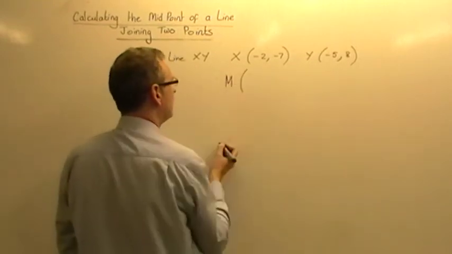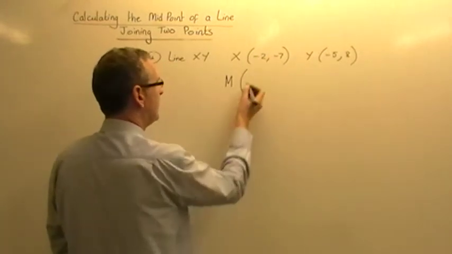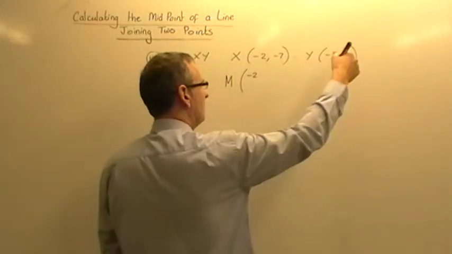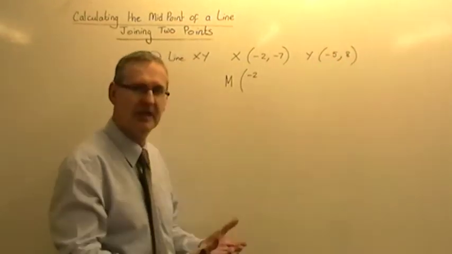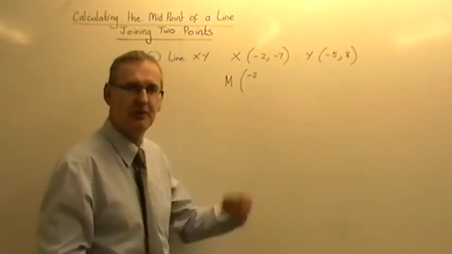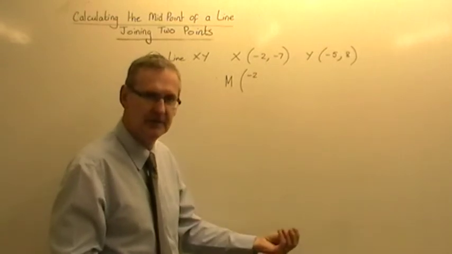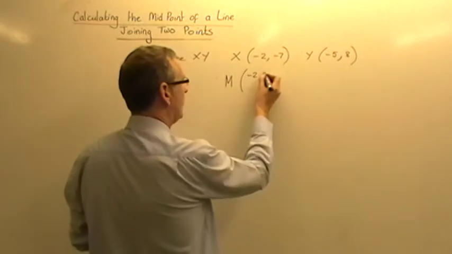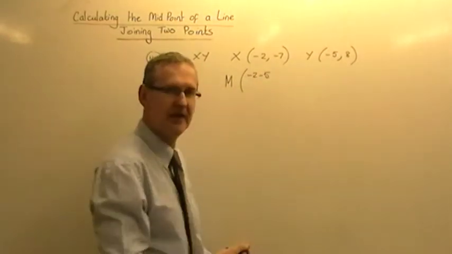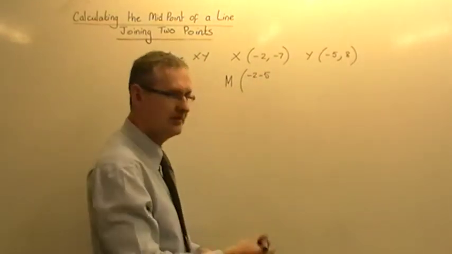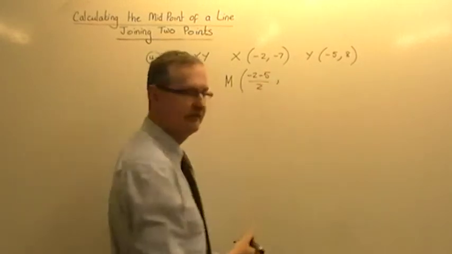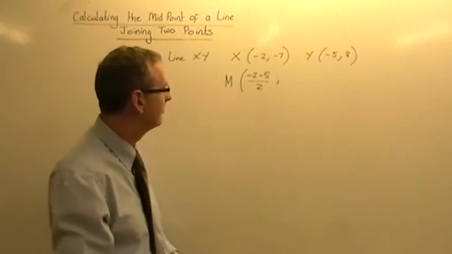So here we go, straight to the answer. The midpoint coordinates are, take the x number of the first point, -2. Take the x value of the second point, -5, and I add them together. Well, if you put -2 add -5, it's the same thing as saying -2 with -5, and you just write them down. It's the same effect. So -2 plus -5 means that. Share by 2 to get their average, or their halfway point.